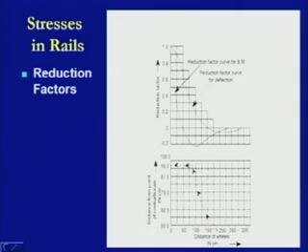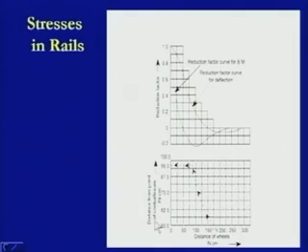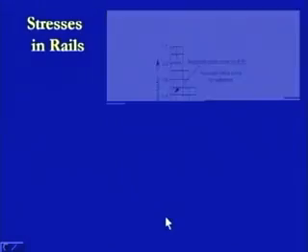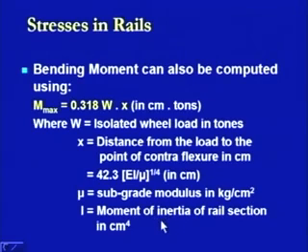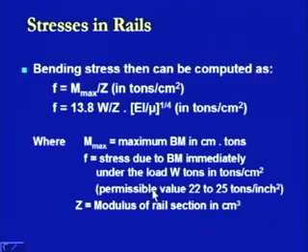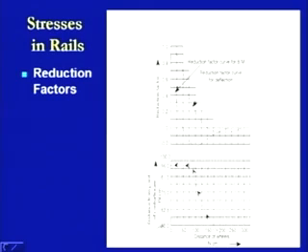As soon as we have computed the value of x, the distance from the load to the point of contraflexure, which is computed as 42.3 multiplied by the 4th root of EI divided by mu. So, once we have the value of E, the modulus of elasticity, I the moment of inertia of the rail section, and mu the subgrade modulus, then we can compute this value. And as soon as we have this value available, we can come to that value.